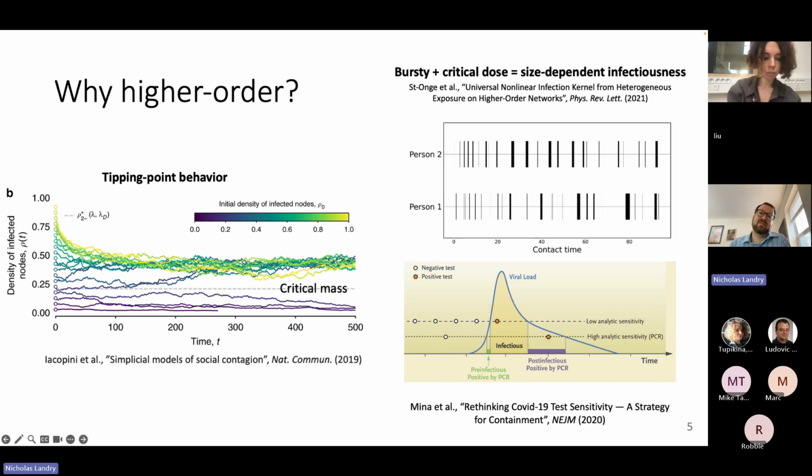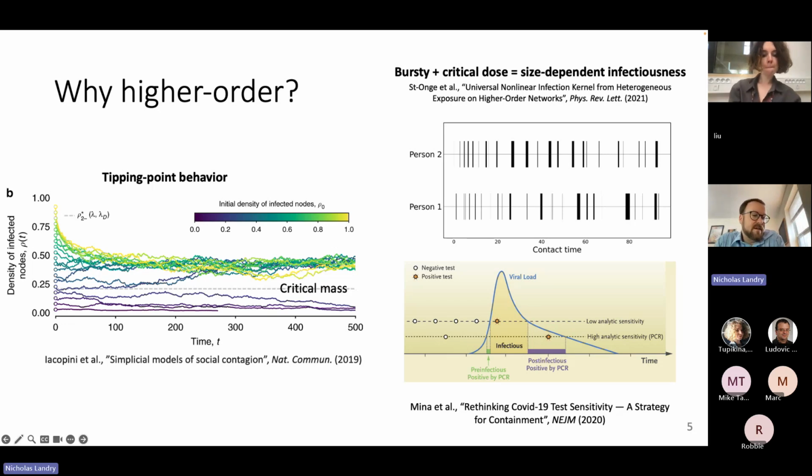We can think of that as a kind of social behavior motivation for why higher order networks are necessary. I will comment that you can get something like this bistable behavior, but it'll be for more complicated models, typically on pairwise networks. And this right here is a simple SIS model.